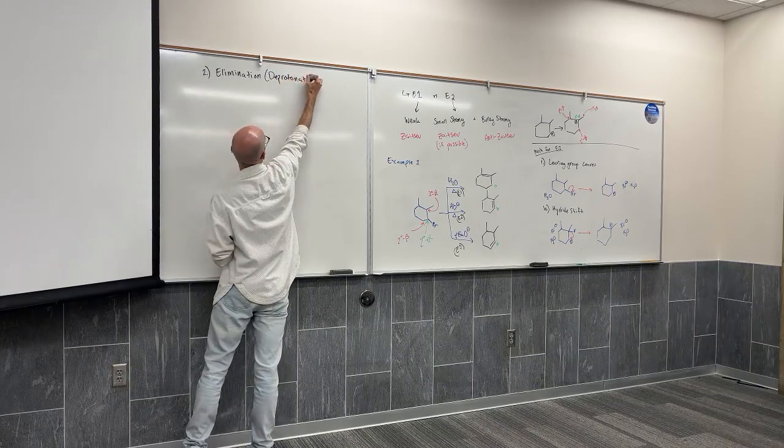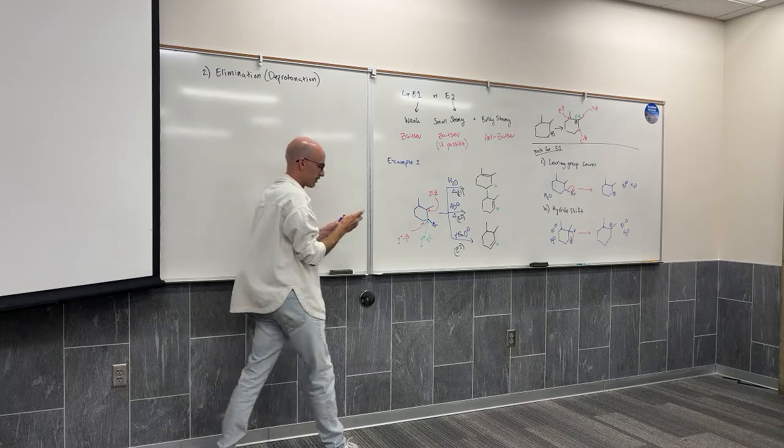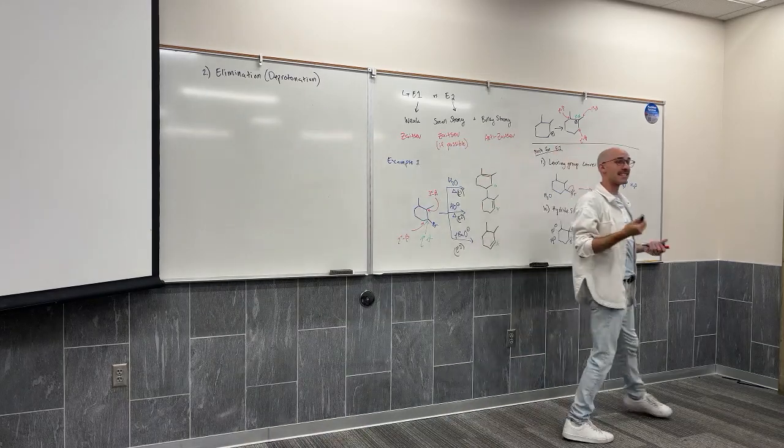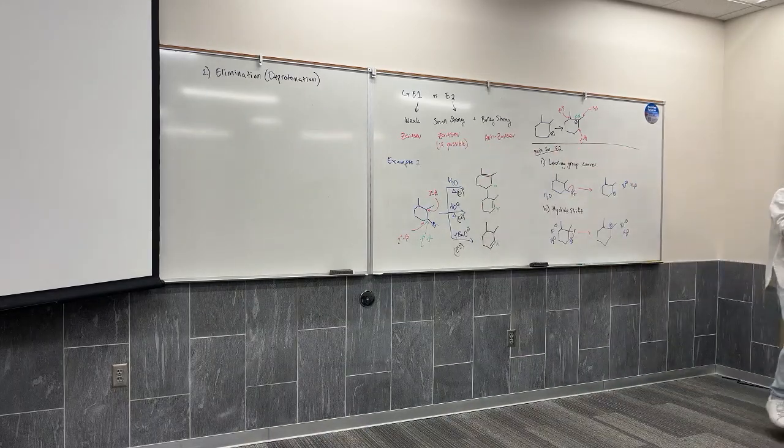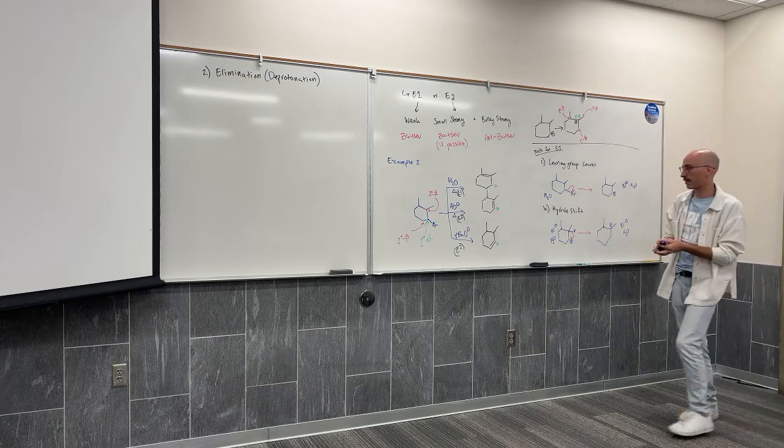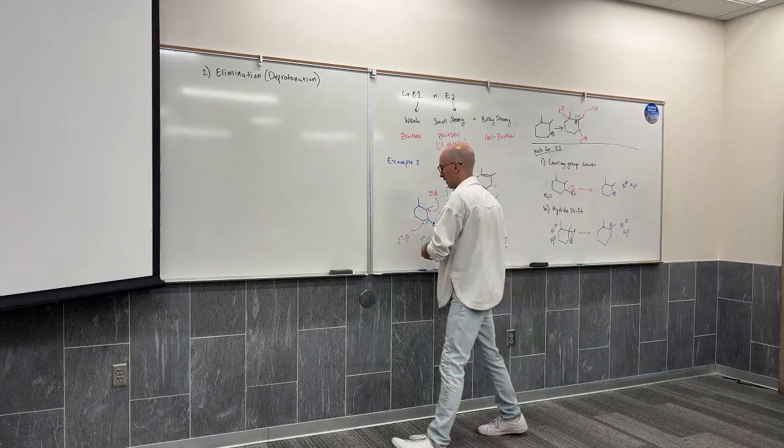There's two ways you might think of this final step. You might think of it as deprotonation, because this is where the carbon will lose its hydrogen. Or you might think of it as elimination. It's maybe better to think of it as deprotonation because it tells you what needs to happen.